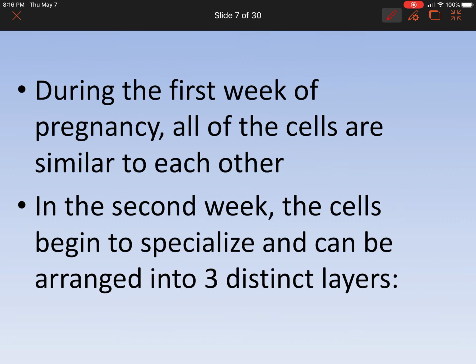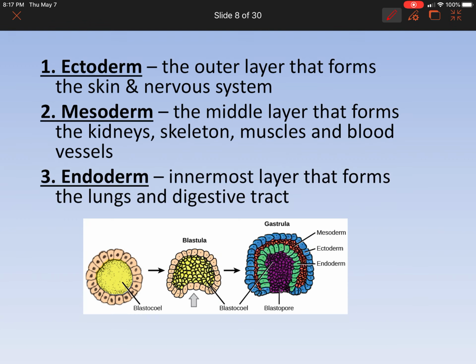Now, during the first week of pregnancy, all of the cells are similar to each other, so they don't start specializing yet. That only happens in the second week, and they start to be arranged into 3 distinct layers: the ectoderm, mesoderm, and endoderm. The ectoderm is the outer layer, the blue layer in the diagram here, and it's going to form the skin and the nervous system.